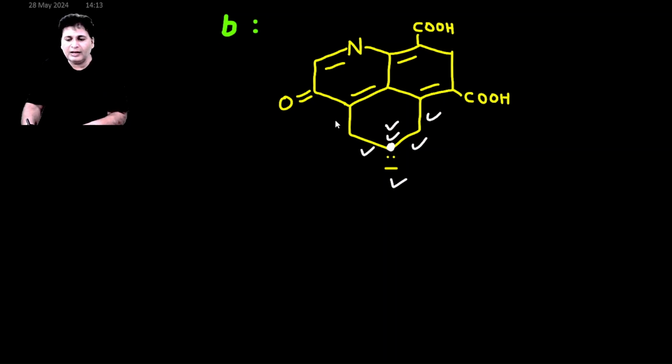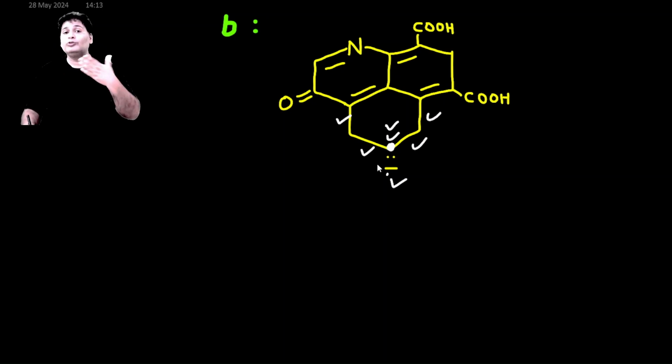Minus single single. Now again, on both sides you have found that neither side has got conjugation with this negative charge. So very sadly, this minus charge has to remain on this particular carbon, and there is no means it can go from one position to another because there is no conjugation.